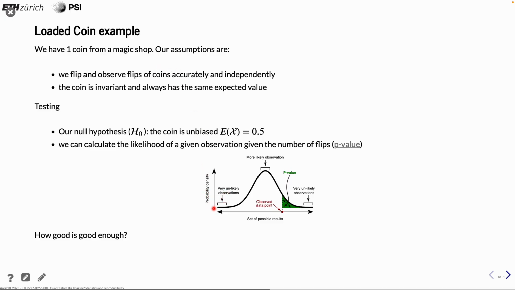Assuming we have a Gaussian distribution, the p-value is the probability here, and we have the unlikely observations in this corner. And now the question is, what is good enough? How many times do we have to flip the coin in order to reach this probability?